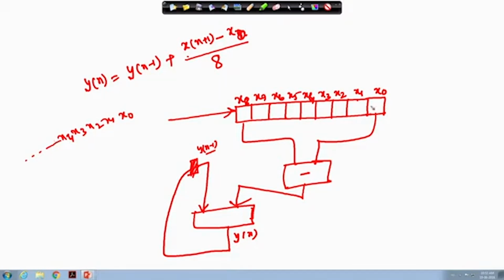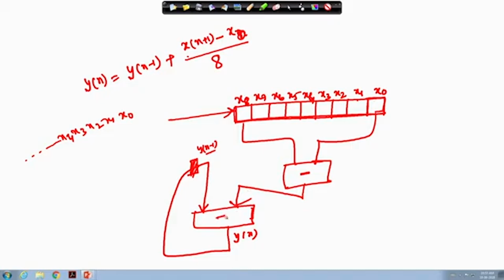Now consider I have one 9 bit FIFO here, and then I have put this 9th bit here and the 0th bit here for doing this subtraction.